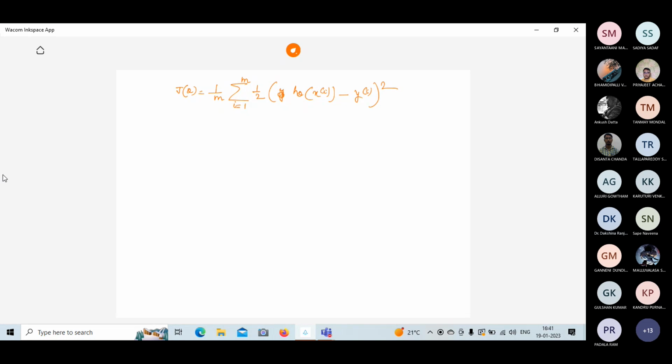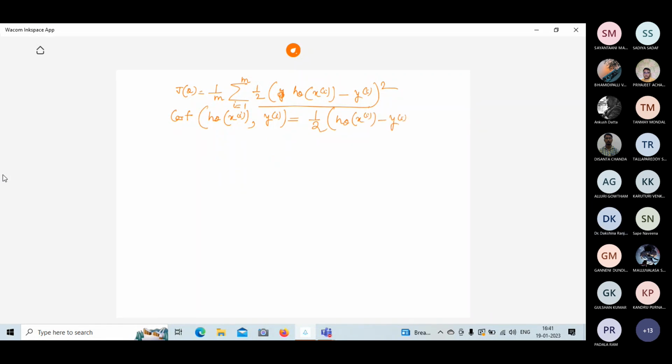Now we can write this part as cost of h theta xi comma yi equals half of h theta xi minus yi square.